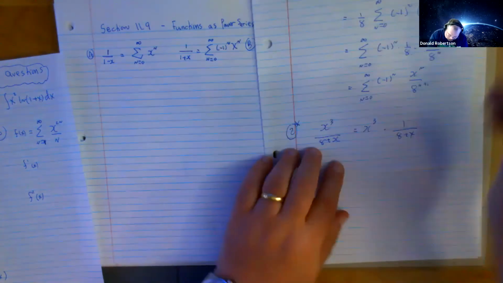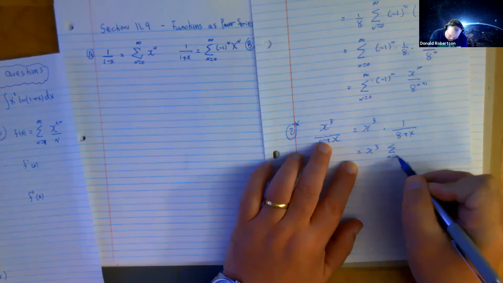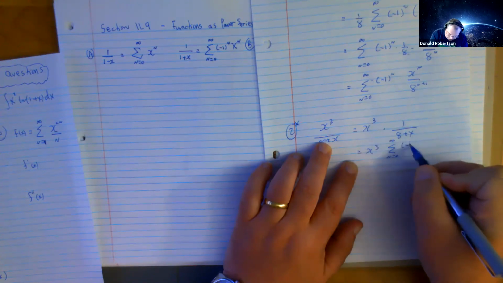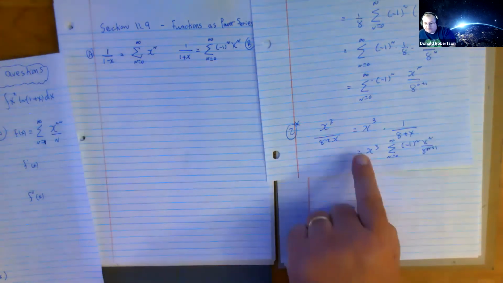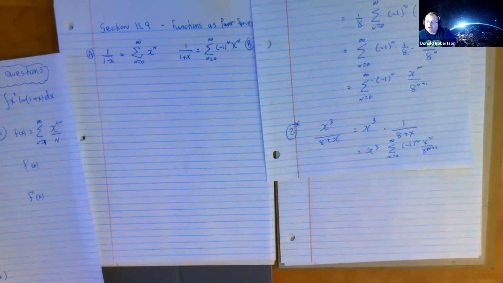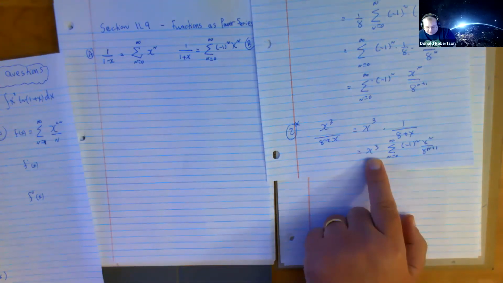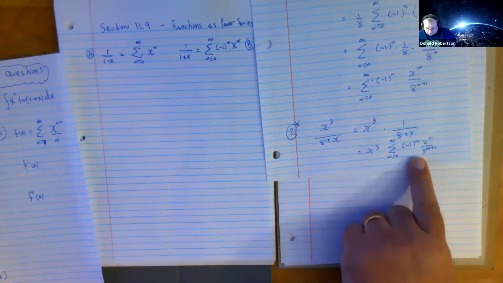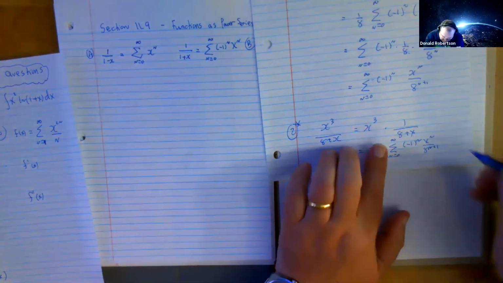That means I can call it x cubed times this power series. Would that be the finish, or can we make it prettier? Make it prettier. If you take that x cubed and you bring it inside, don't you just add 3 more to the power? So I don't have to redo it and I'm running short of room.